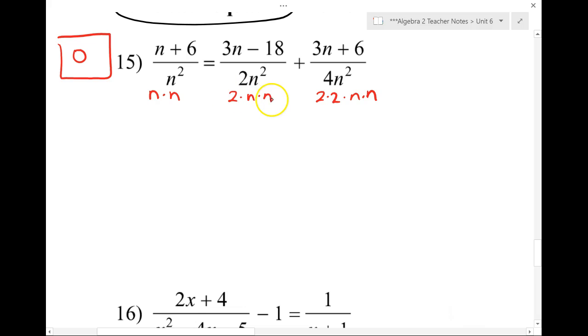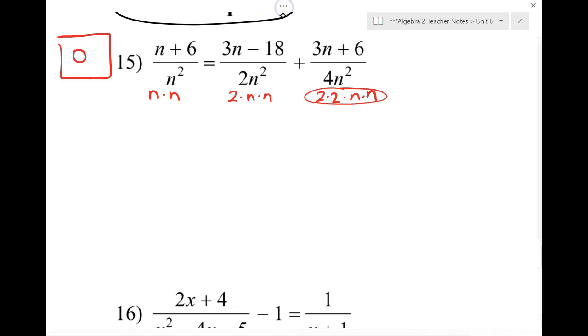If I do that, that will cancel this one out, because I'll have an n and n cancel out. That will cancel this one out, because it's multiplying by the same thing. But it will not cancel this rational out, because I'll have an extra 2 here that I need to multiply. So that means I'm going to have to multiply each rational by this number here.